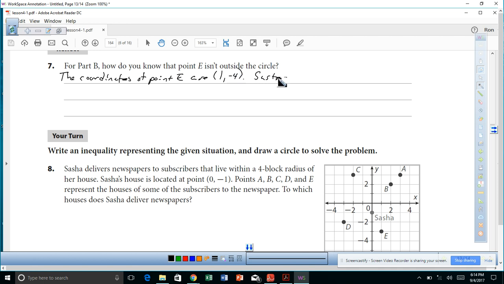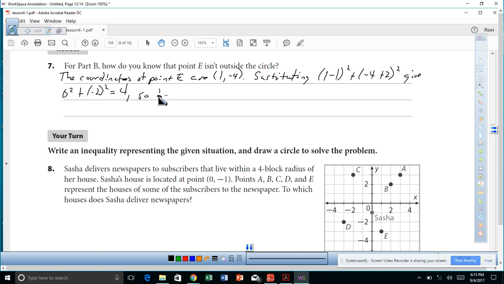Substituting 1 for x and -4 for y in, let's see, so 1 minus 1 squared plus, and then that's going to be -4 plus 2 squared, gives 0 squared plus -2 squared, which is 4.